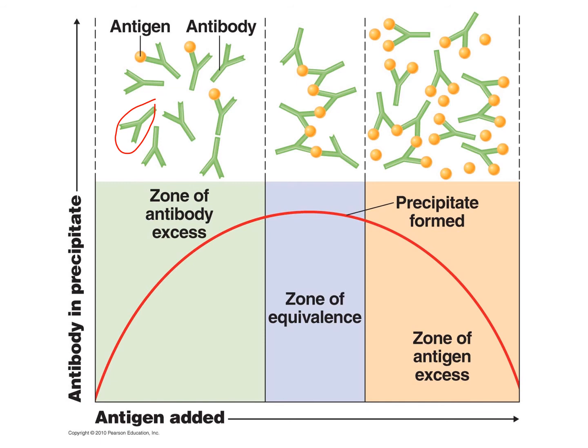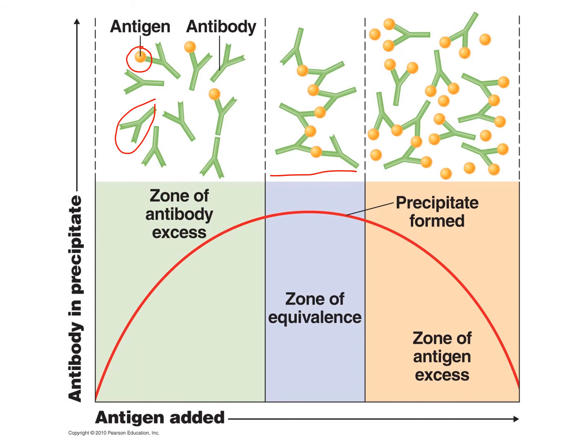IgM, remember, is a pentamer, and it's using those antibodies to identify soluble antigen, so antigen floating around in a solution. And a precipitation reaction is using the result of agglutination, so the ability of antibodies to bind to antigen and to clump them together.